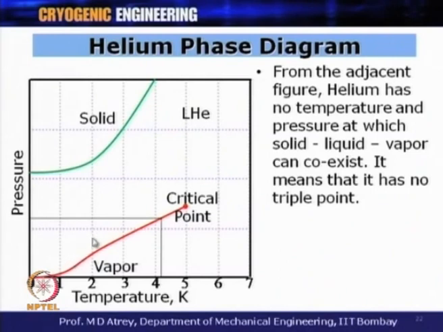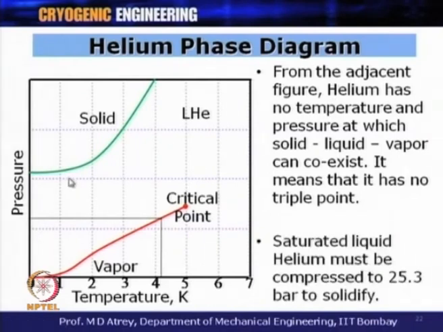It will not reach the solidification point. Now, there is a lot of physics associated with it. Helium has a very high zero point energy and things like that. It has got very involved physics, and therefore, I do not want to really go into the details of those physics aspects. For engineers, it is important to understand that helium does not have a triple point as most other cryogens have.